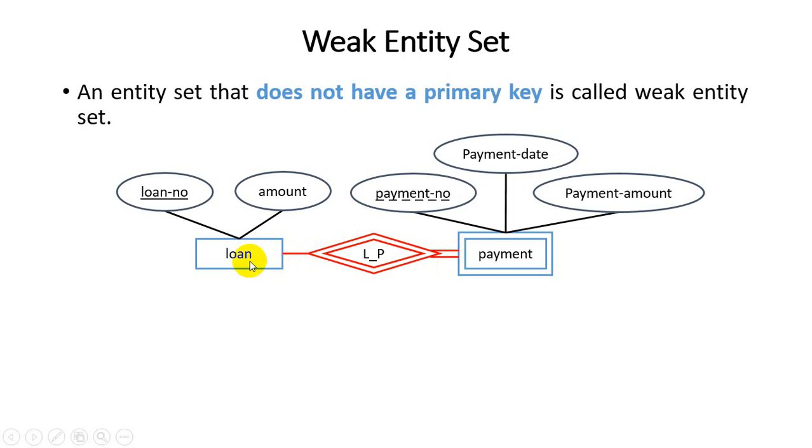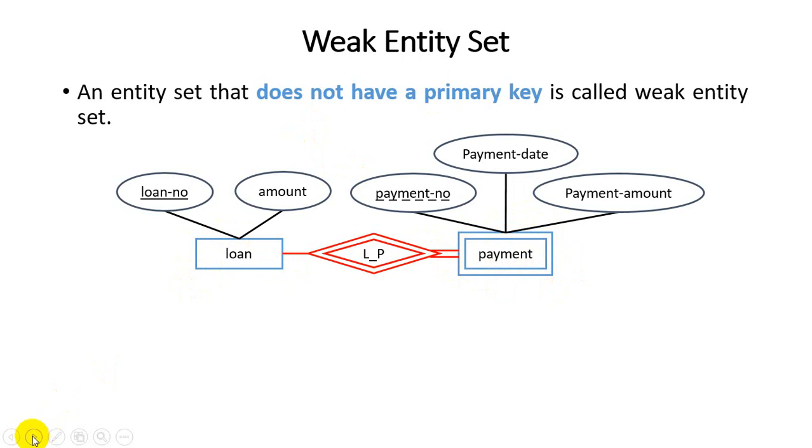If an entity partially depends on another entity, it is shown with two lines. In this diagram, loan has a primary key attribute, so we mention the entity with a single square. But the payment entity has no primary key, so we mention it with a double square, and it is known as a weak entity set.